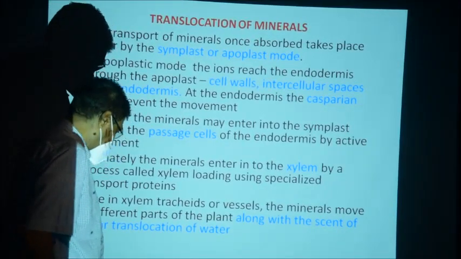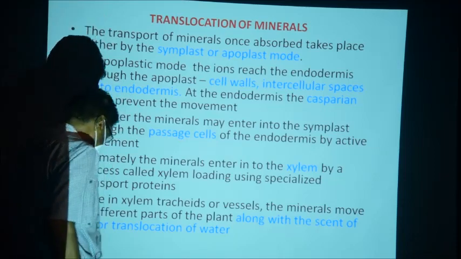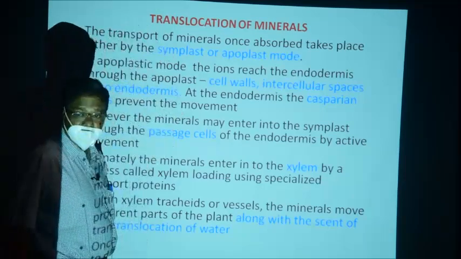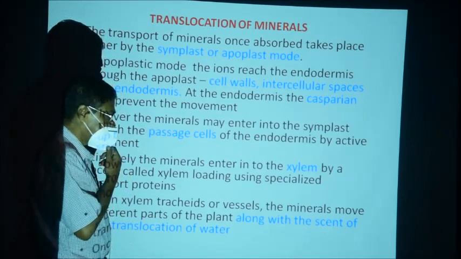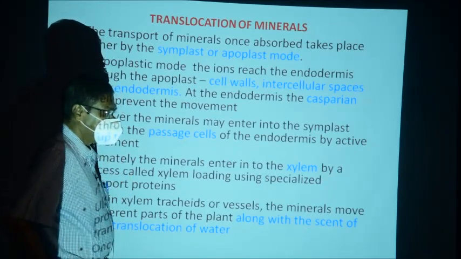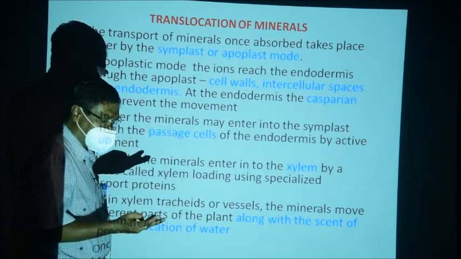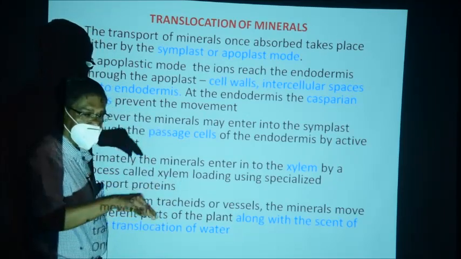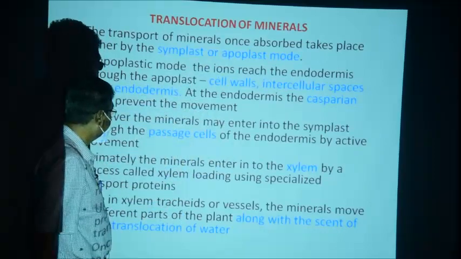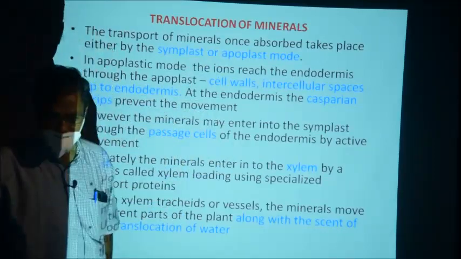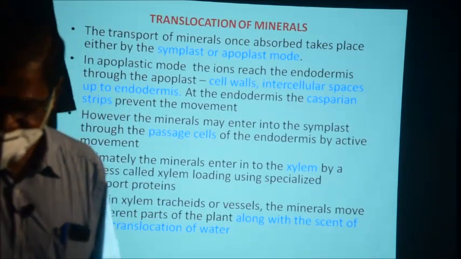In earlier classes, we have discussed apoplast and symplast. Apoplast is the free space, that is cell walls and intercellular spaces, through which things can move very easily. Symplast is the protoplasm. I will show you the diagram once again.